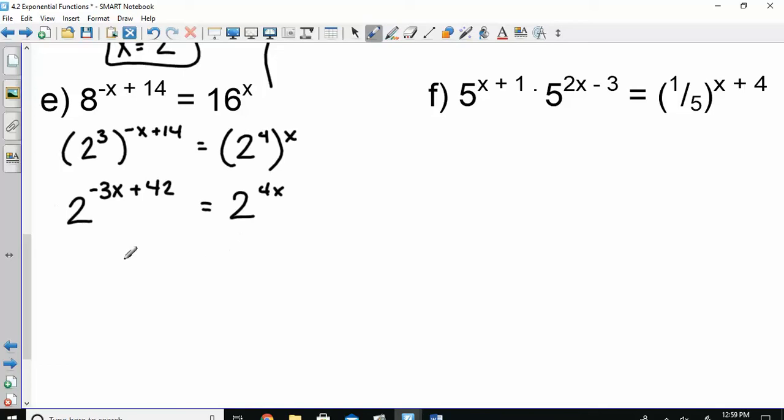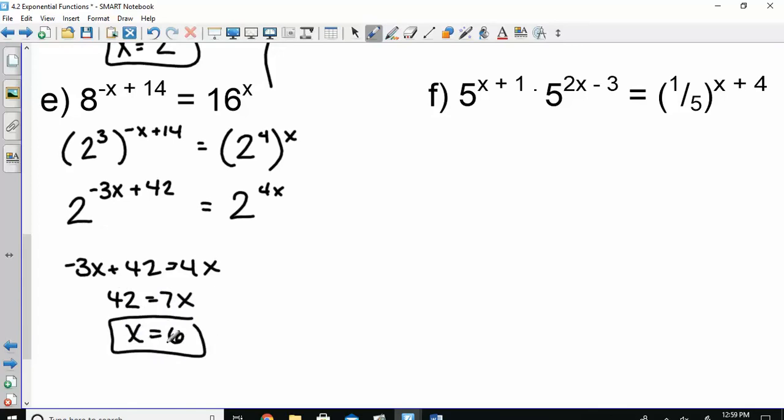Now you have the same base, you have it written once on each side, so you can drop the base, set your exponents equal. So if I add over my 3x, divide by 7, and we get 6. And again, you can always check this if you put it in your calculator.